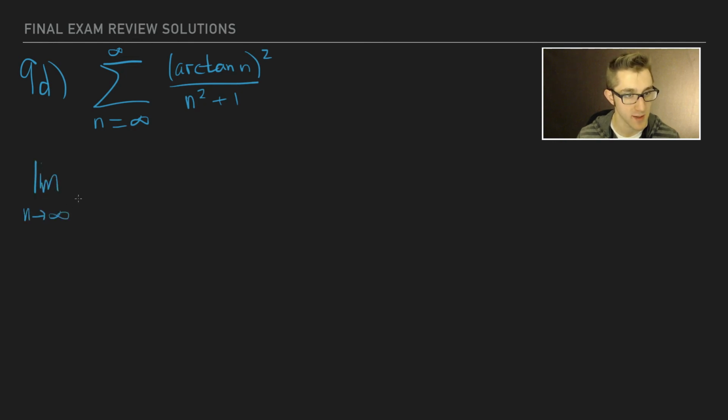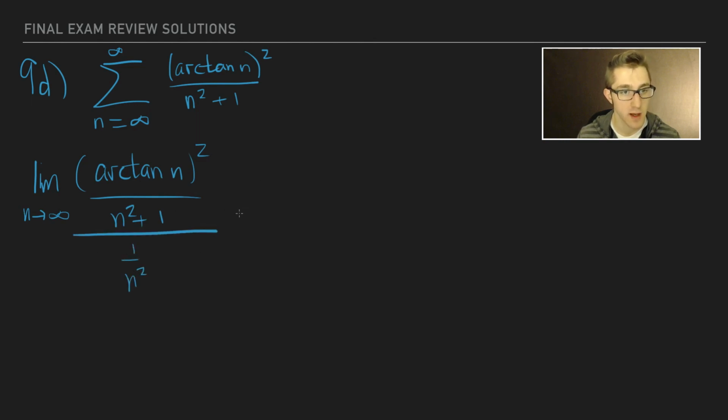We're going to take the limit as n goes to infinity of arctangent of n squared over n squared plus 1 divided by 1 over n squared. We can rewrite this as the limit of n squared over n squared plus 1 times arctangent of n squared.